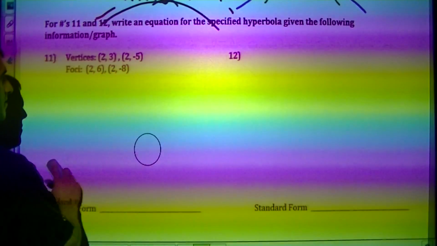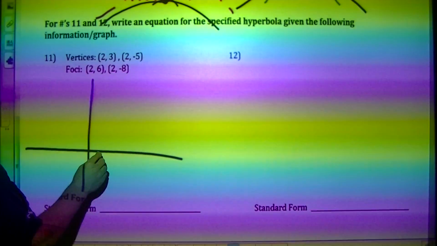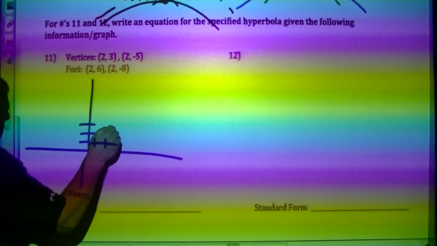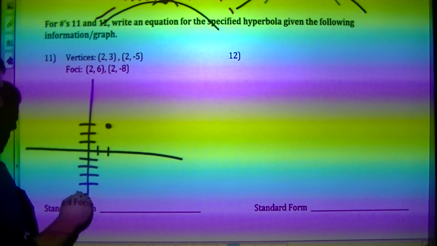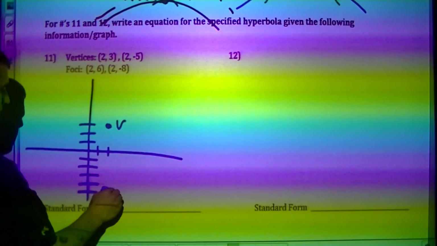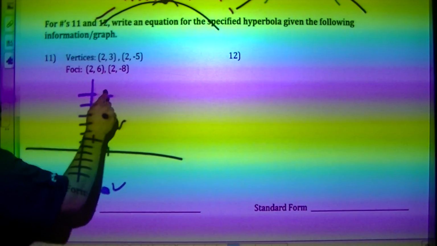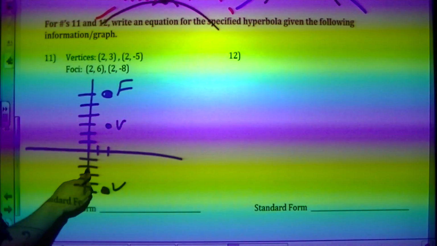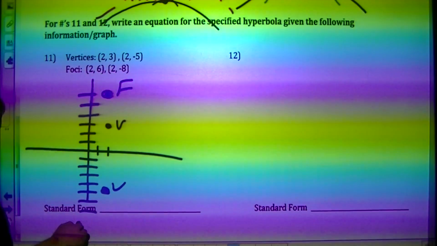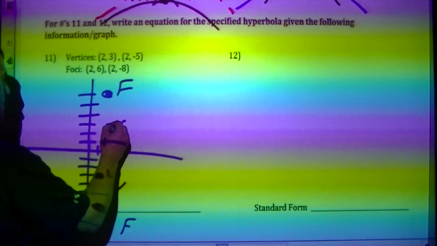I ran out of room to make the 2, 3 and 2, -5 vertices, and the foci at 2, 6 and 2, -8. So I know it's going this way.